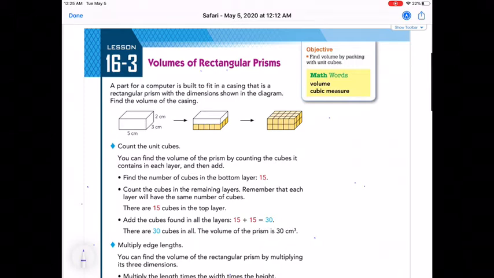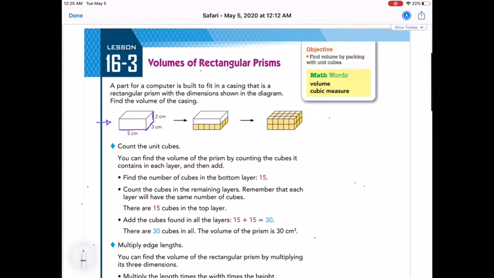Find the volume of this casing. Okay, so here is our example. It gives us this rectangular prism, and you can see the length is 5 centimeters, the width is 3 centimeters and the height is 2 centimeters.